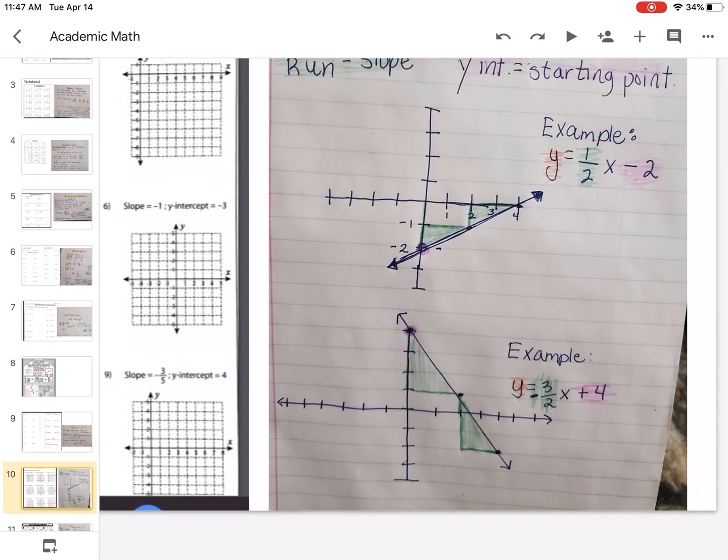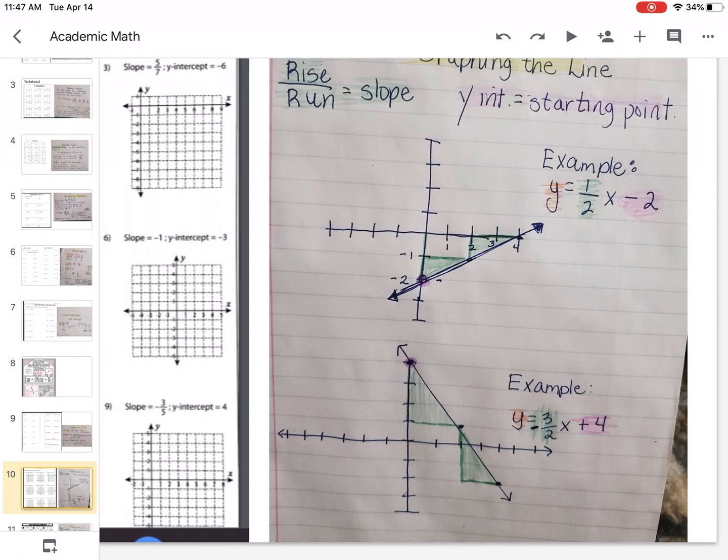Here's another example. Y equals -3 over 2 x plus 4. You can see that pink dot represents the y-intercept 4. Now I have my slope, -3 over 2. It says rise, but really I'm going down because it's a negative this time.